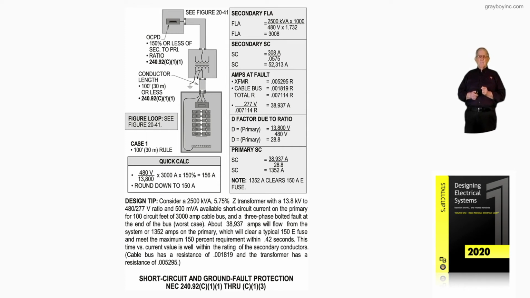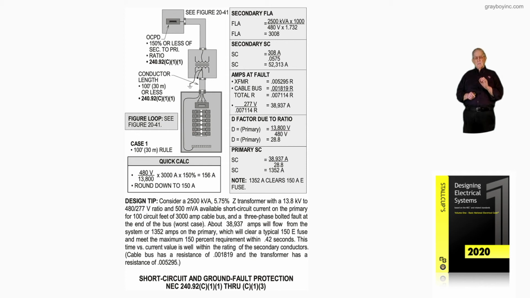The transformer would be 0.005295 would be the resistance of the transformer if we did our math and so forth to ground. The cable bus now, we listed that for you in the design tip, and it's 0.001819 is the resistance. These two have to be added together for this rule of thumb method. And we would come up then with 0.007114 is our resistance.